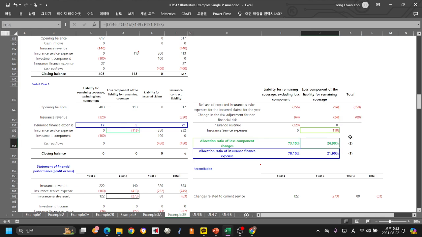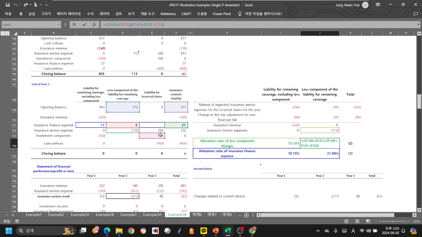And in order to allocate between loss component LRC or non-loss component LRC, it's a little bit complicating. In the numerator, you take your portion of insurance finance expense and also the opening loss component.